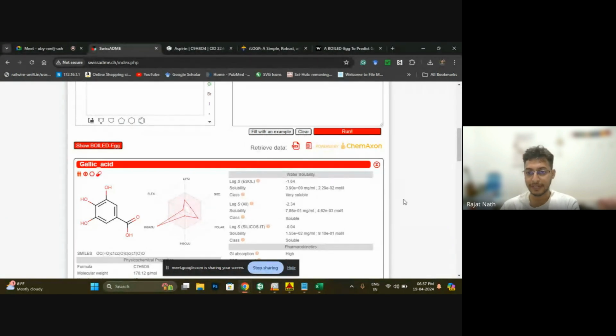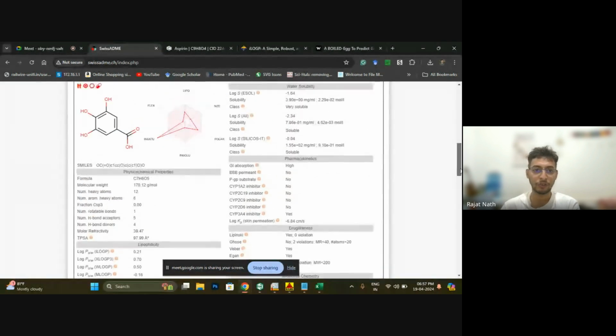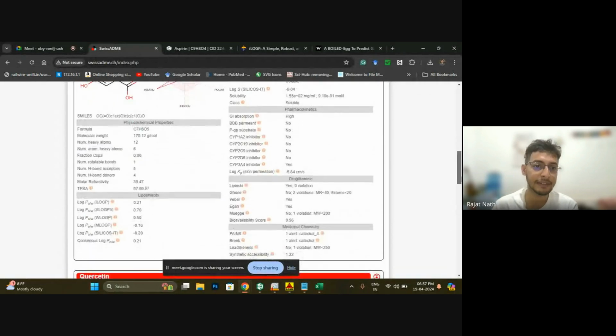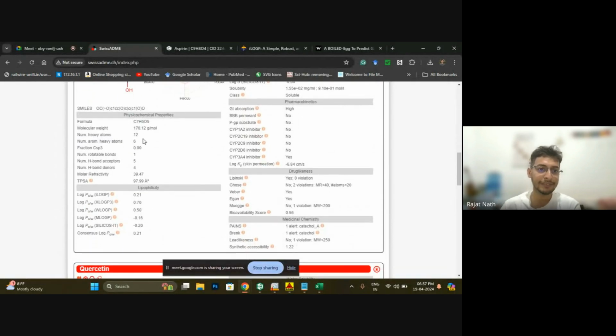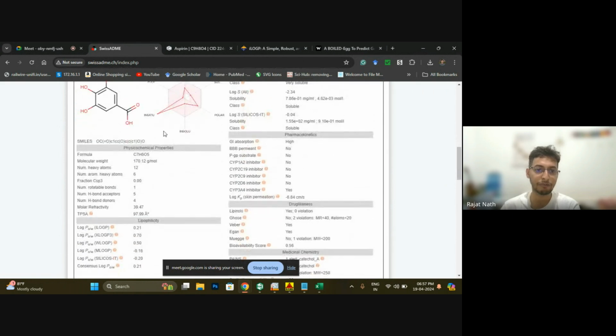The result we have in the Excel file is also written in this window. Simply, this is the formula weight. This is the formula of this compound, gallic acid. The simple formula is C7H6O5. Then comes molecular weight. Why is molecular weight important?